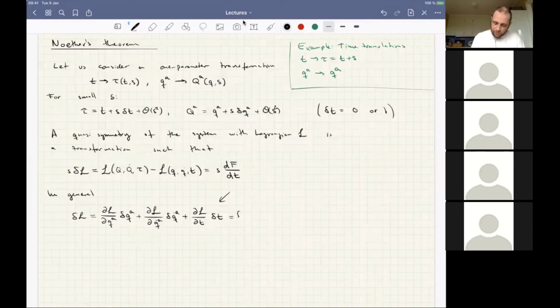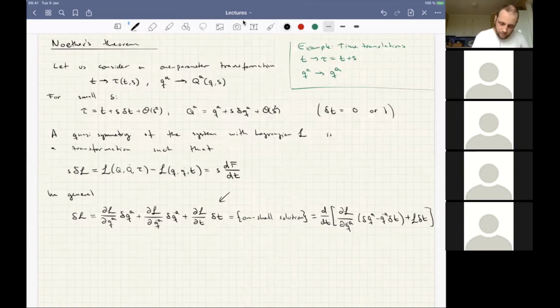But if I have an on-shell solution, so that means that if I have a solution that satisfies the Euler-Lagrange equations, then I'm going to be able to write this in the form d/dt of ∂L/∂q̇_A δq_A minus q̇_A δt plus L δt.